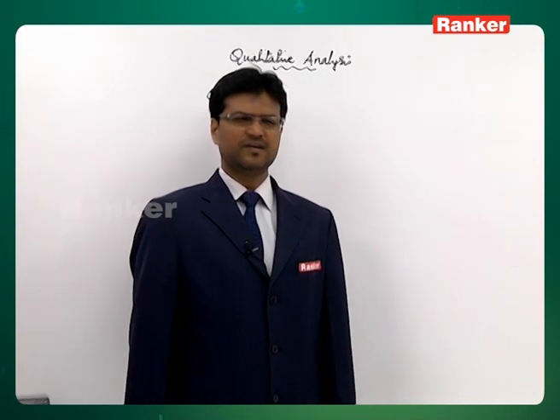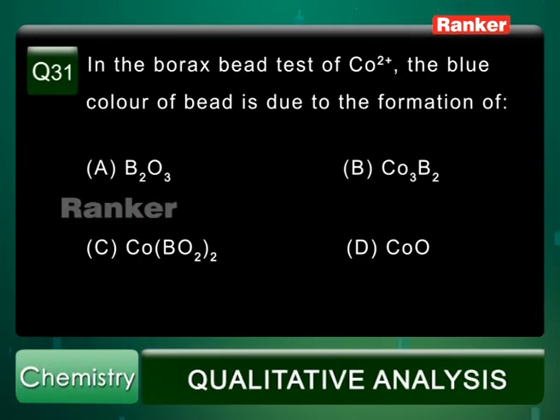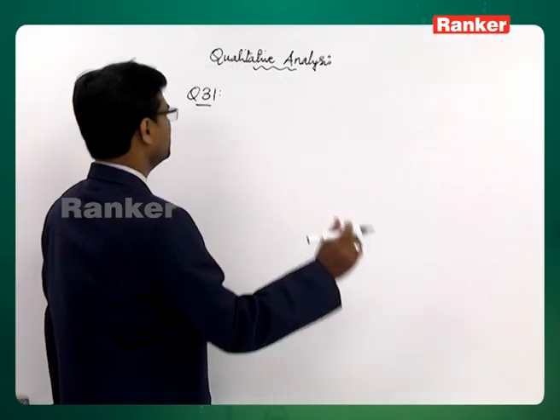Question number 31. In the borax bead test of cobalt, the blue color of the bead is due to formation of A, B2O3, B, Co3B2, C, Co(BO2)2, D, CoO, and the answer is C, cobalt metaborate, Co(BO2)2.